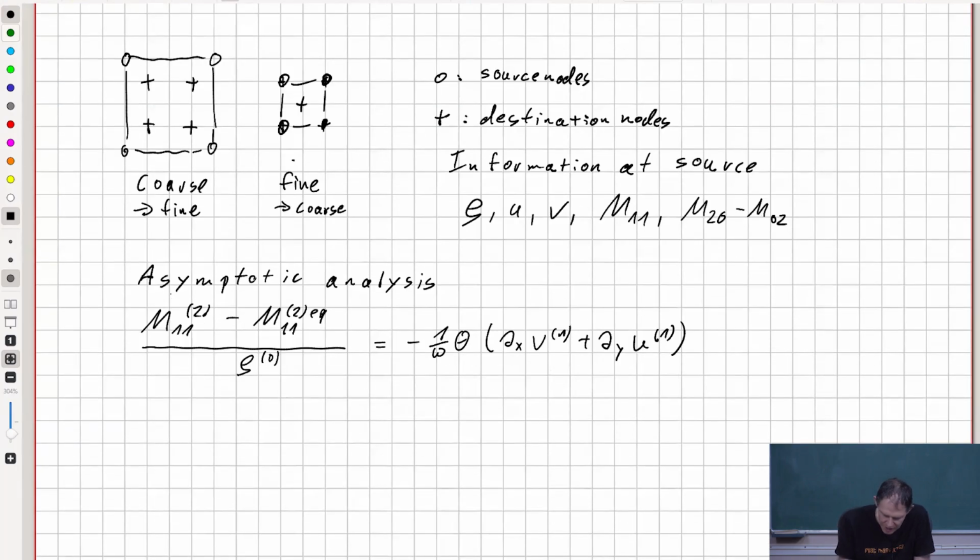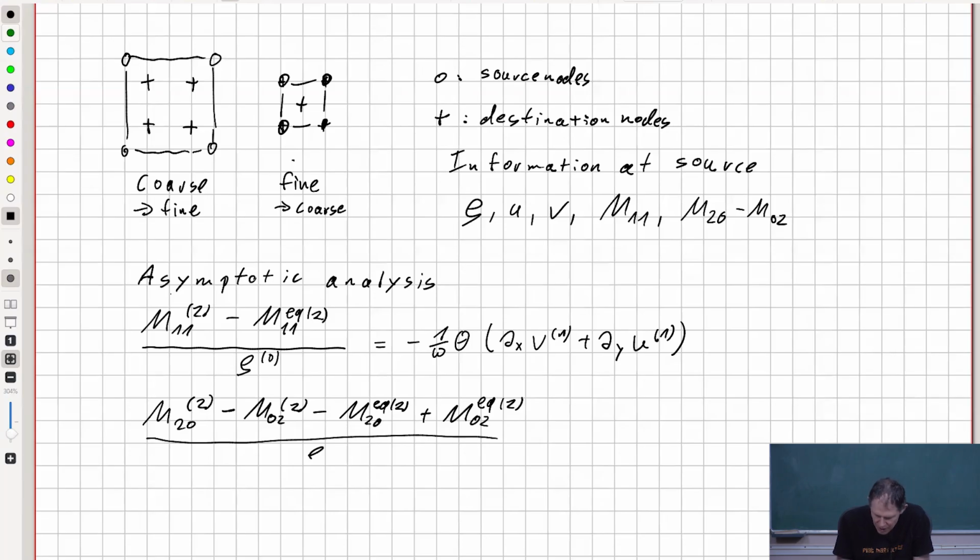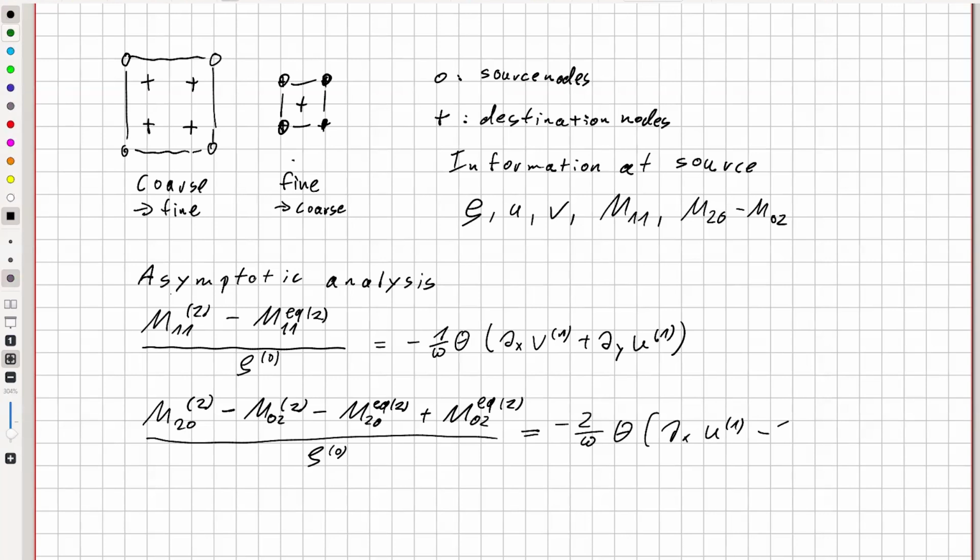And also the others: m20 to second order minus m02 to second order minus m20 equilibrium second order plus m02 equilibrium to second order, divided by rho 0, is minus 2 divided by omega times theta times dx u to first order minus dy v to first order.